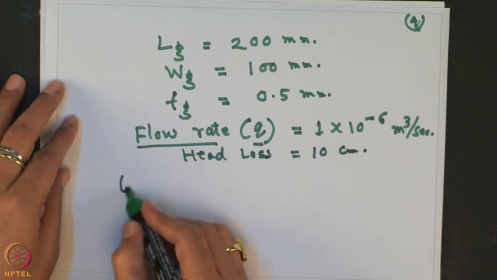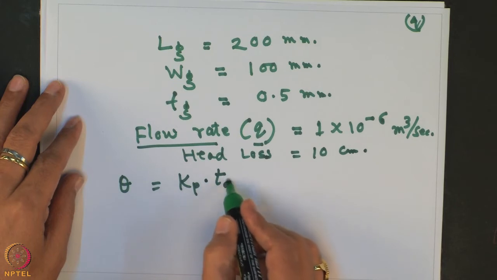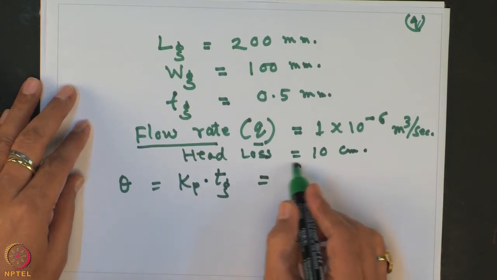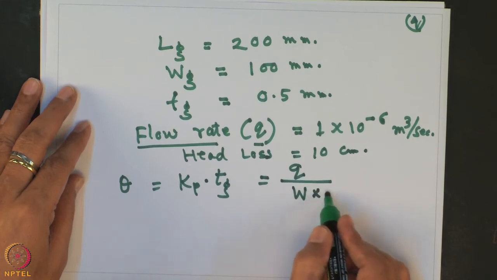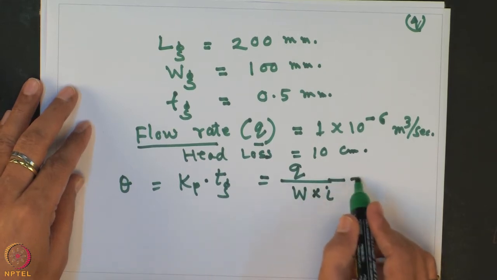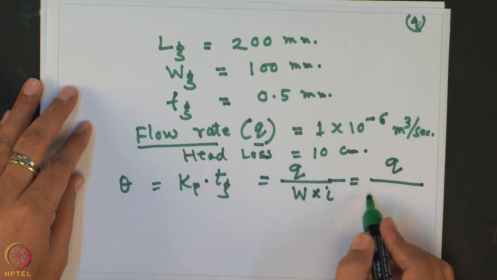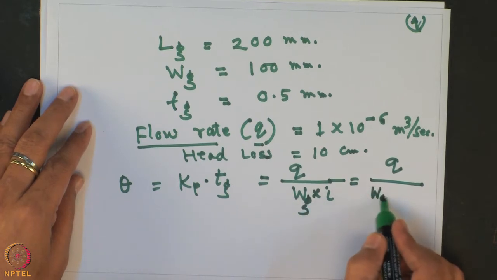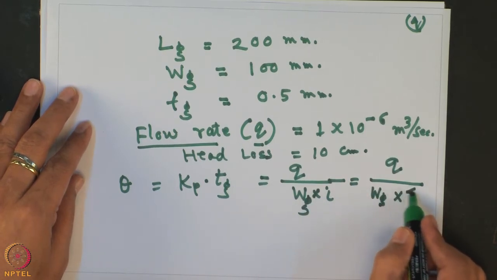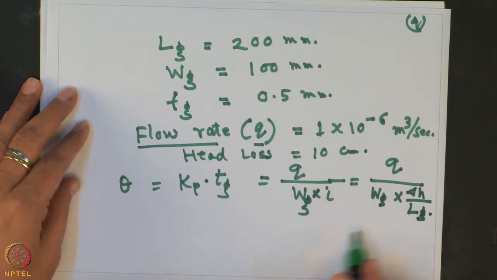So, you know the equation theta is equal to k_p into T_G is equal to Q divided by W into i. Again this is equal to Q divided by W_G into delta H divided by L_G.